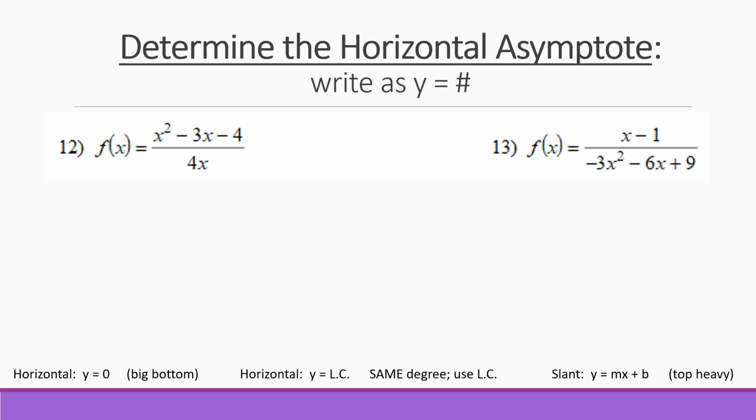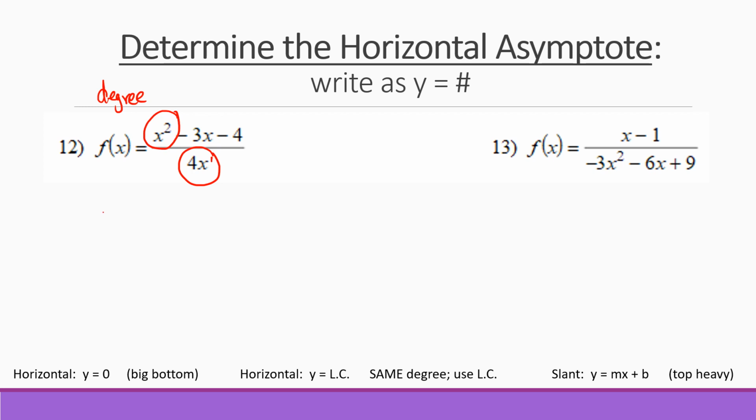Next example, determine our horizontal asymptote. I have f of x is x squared minus 3x minus 4 all over 4x. I'm looking for the term with the largest degree, largest exponent, and I'll check that out first. So I have an x squared in the numerator and a 4x to the first in the denominator.